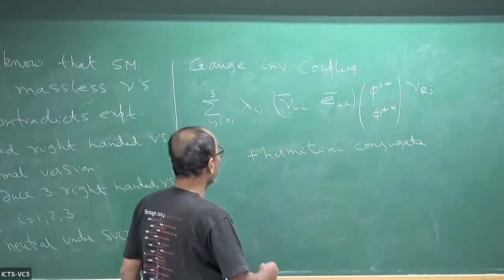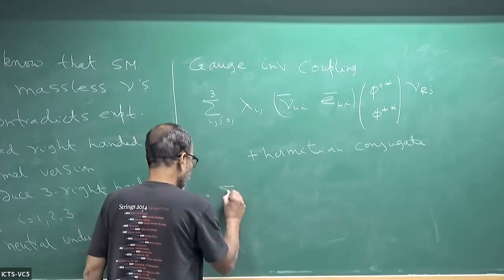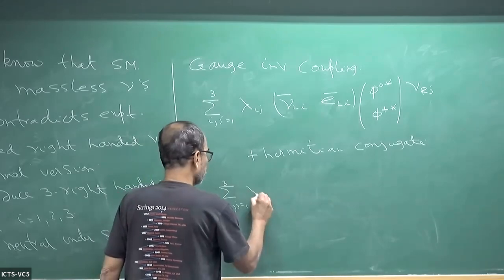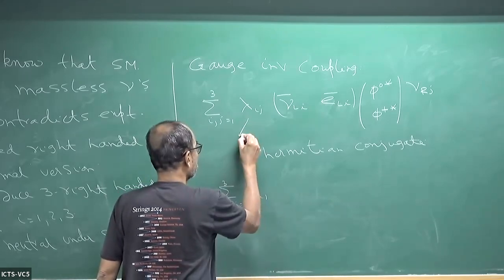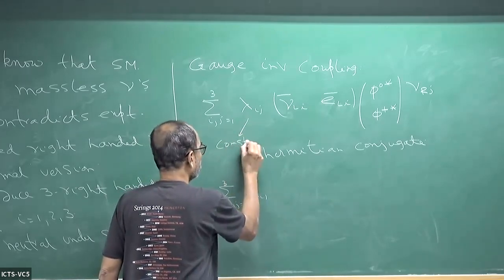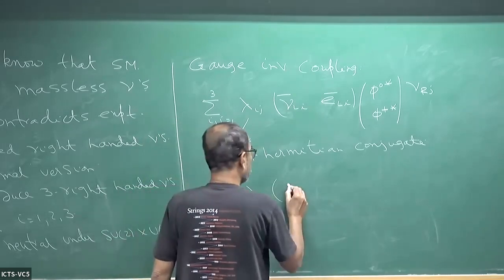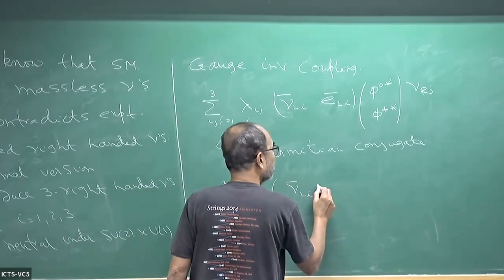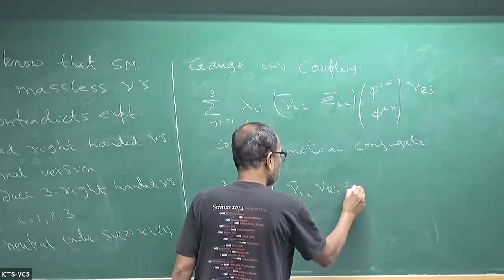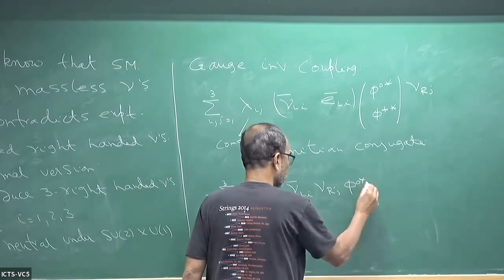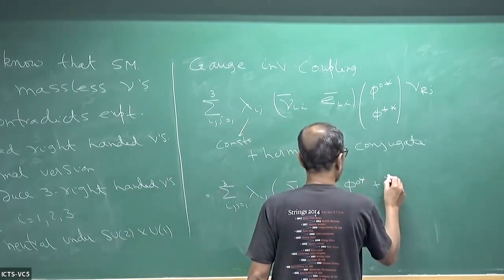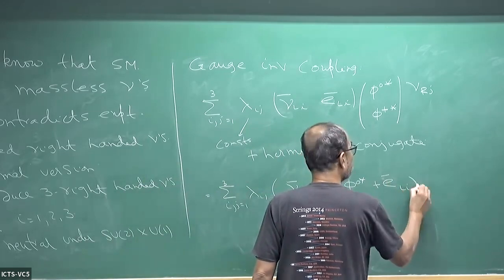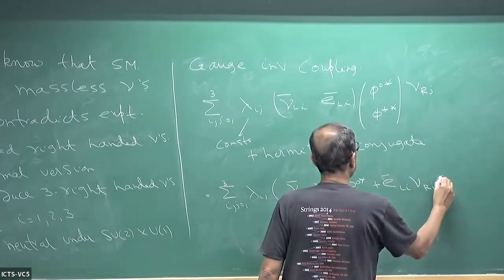If I want to write it out explicitly, it will be the sum over i, j equal to 1 to 3 of lambda_ij, these are just some constants, times nu bar_Li nu_Rj phi 0 star plus e bar_Li nu_Rj phi plus star.